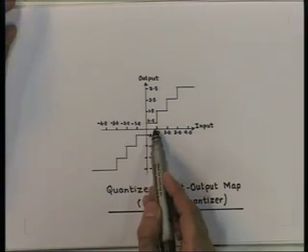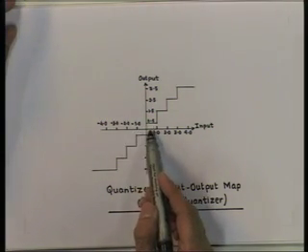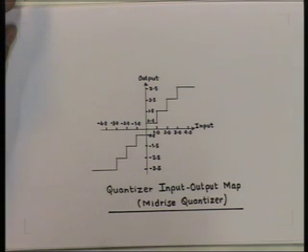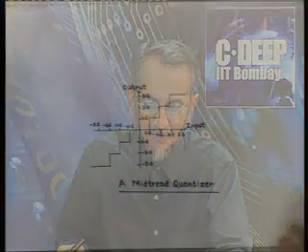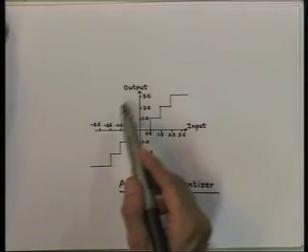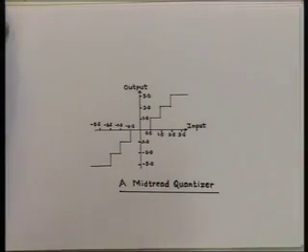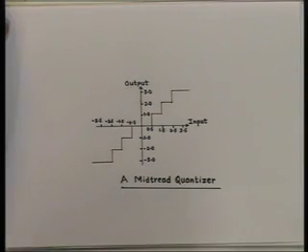It does not have 0 as one of its representation levels. Such a quantizer is called a mid-rise quantizer. An alternative uniform quantizer could be the one shown here. This is called a mid-thread quantizer.